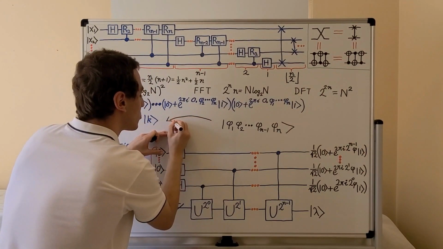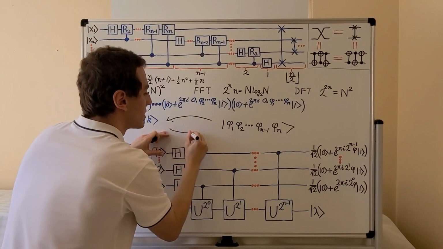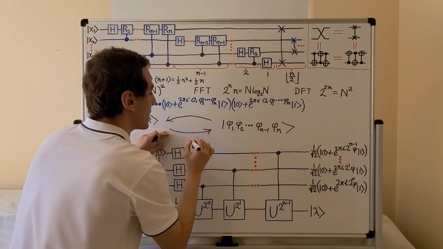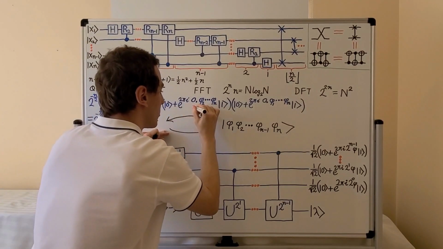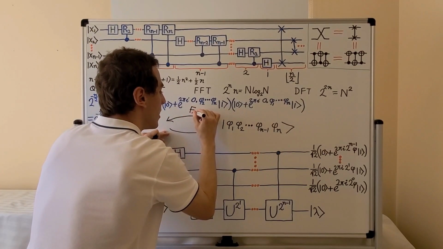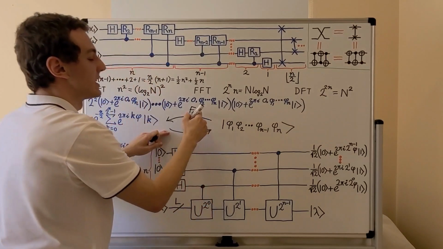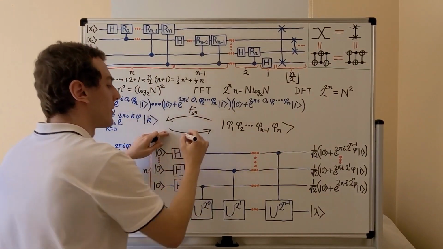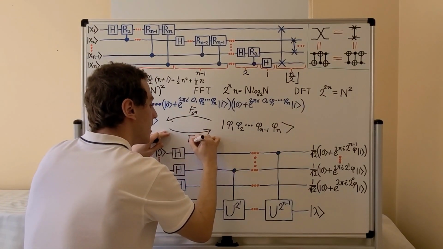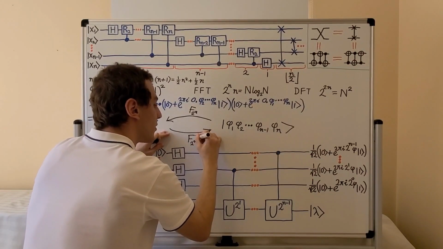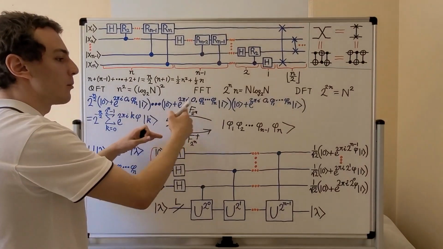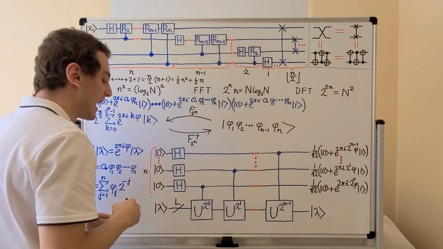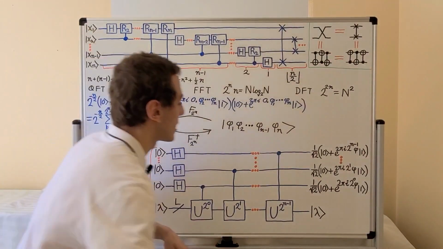And I can write that using this notation. So if we go this way and this way, there's two different ways we can do this. For this way, we are applying the quantum Fourier transform, which we can denote as F 2 to the n. So it's the n-qubit quantum Fourier transform. And over here we have F 2 to the n with an inverse. So this is the adjoint, the Hermitian adjoint. And a very important property of the quantum Fourier transform is that it is unitary.